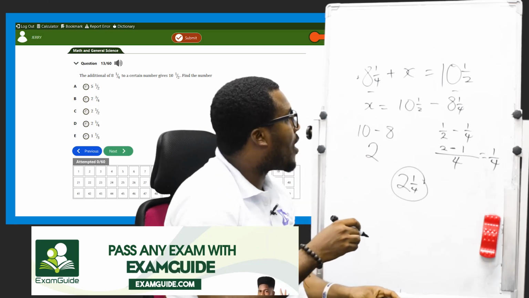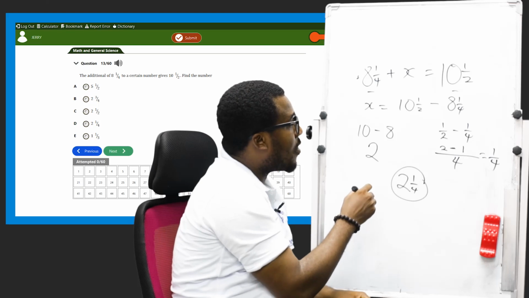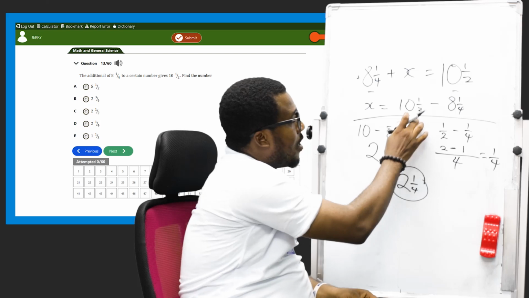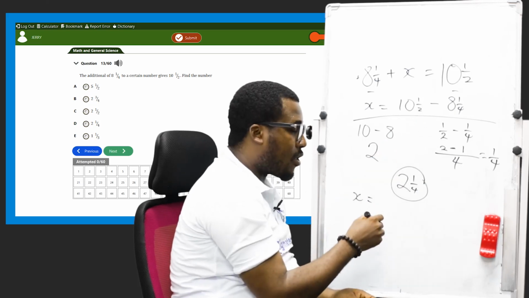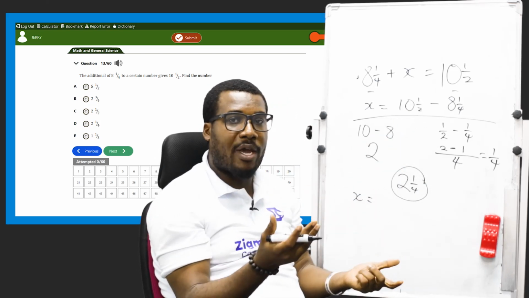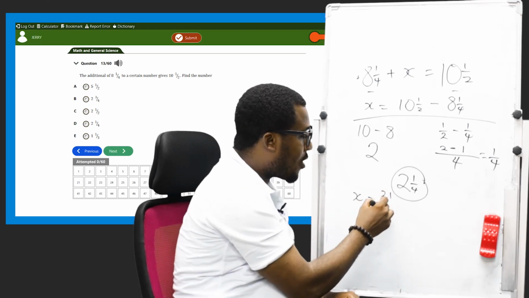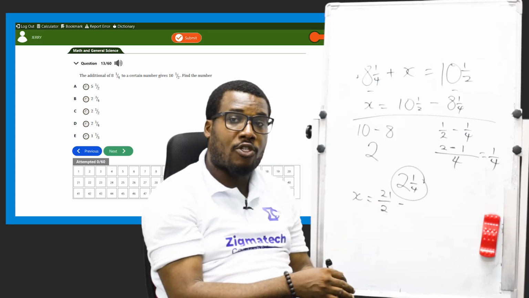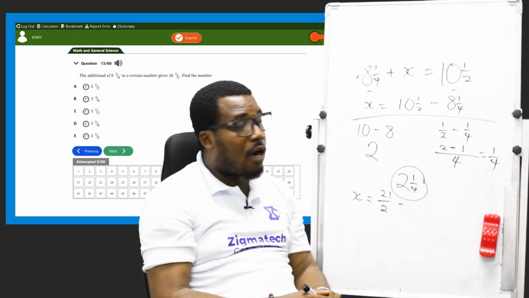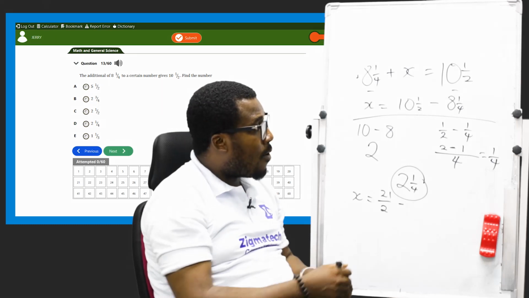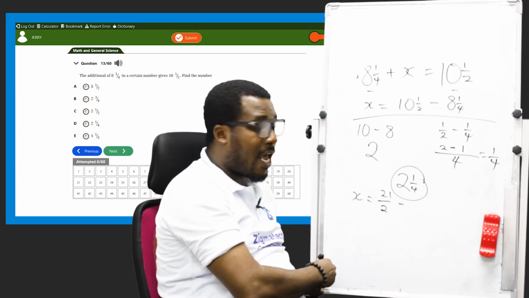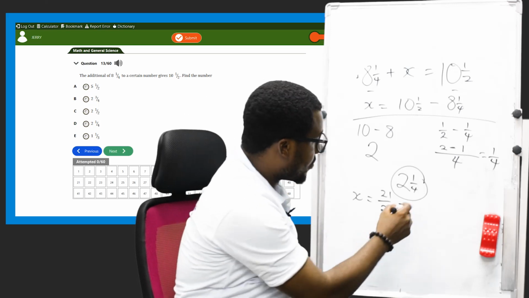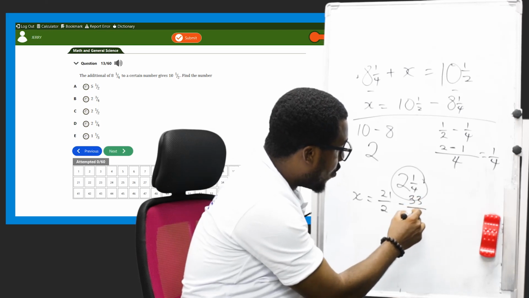But let me see what will happen with the improper fraction method. From the same place, X is equal to, I multiply through: 2 times 10 is 20, 20 plus 1 is 21 over 2, minus 4 times 8, which is 32, 32 plus 1 is 33, so we have 33 over 4.